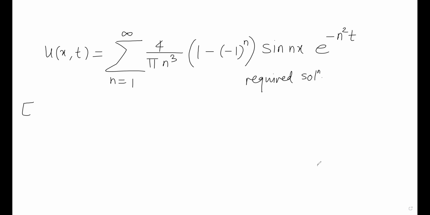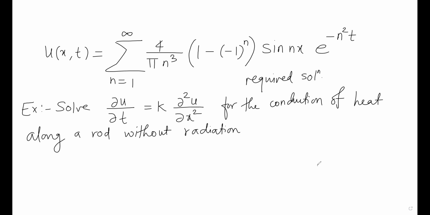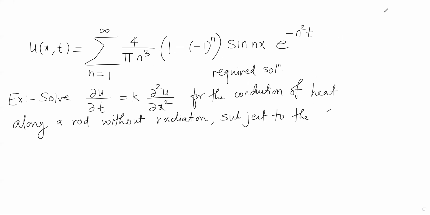Solve the partial differential equation ∂u/∂t = k ∂²u/∂x² for the conduction of heat along a rod without radiation, subject to the following conditions.